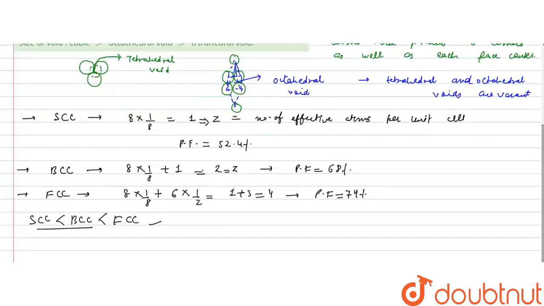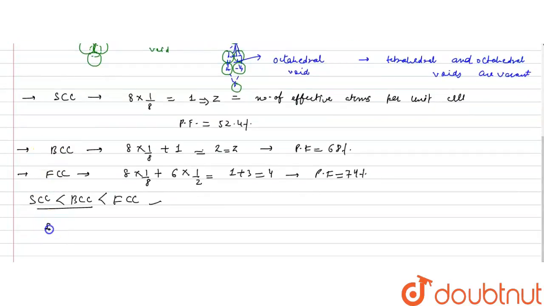So size of void, this is apparent from the radius ratios. Because it is the ratio of the radius of the atom which can exactly fit into that void.